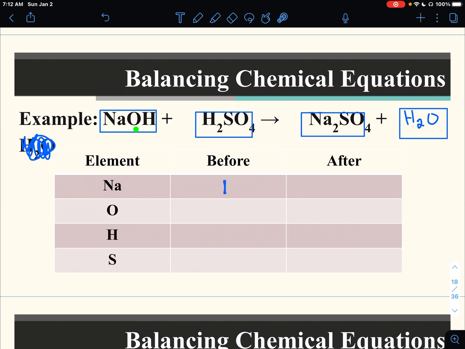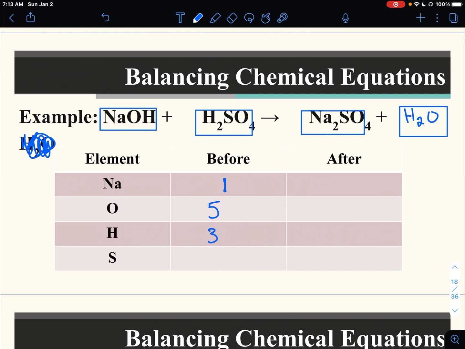O, there's 1 here and 4 here. Okay, so 1 plus 4. H, same thing. There's 1 here and 2 here. So we'll do 1 plus 2. And then S, we have 1. After we have 2, 1, 5, 2.